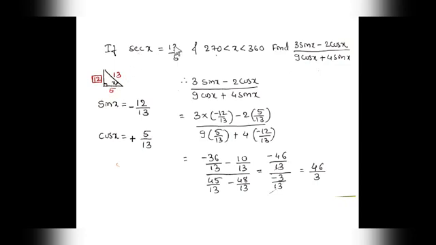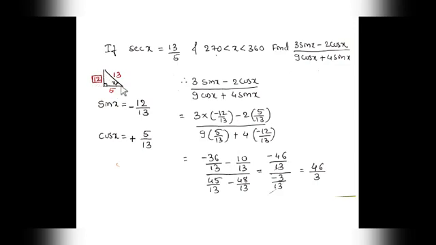Sec x is hypotenuse divided by adjacent, 13 divided by 5. We know the Pythagorean triplet 5, 12, 13. So the missing term is 12. So I have taken the opposite side as 12.